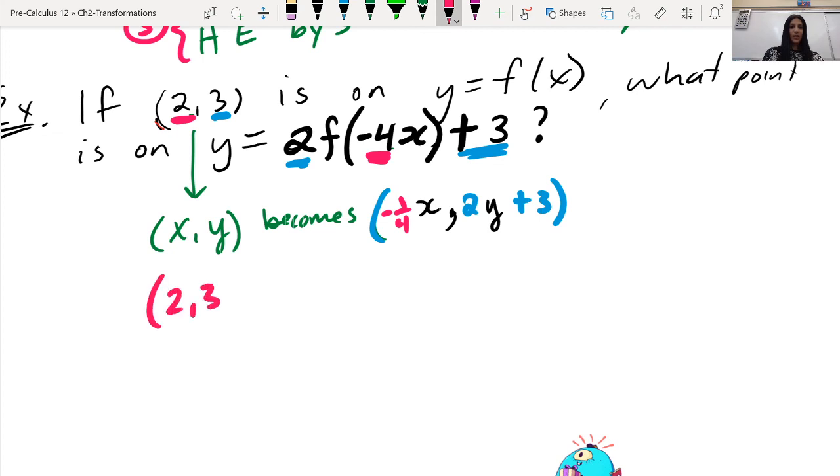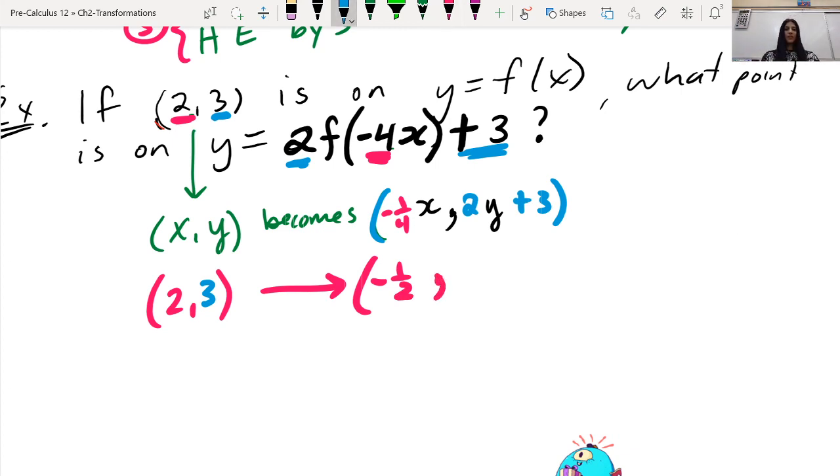So if I had the point 2, 3 from above there, and this is the hardest part of my teaching, is keeping the colors straight. If I had that, and then I need to apply this to the 2. So I would do negative 1/4 times 2. So when I do negative 1/4 times 2, I actually get negative 1/2 is my new x value.